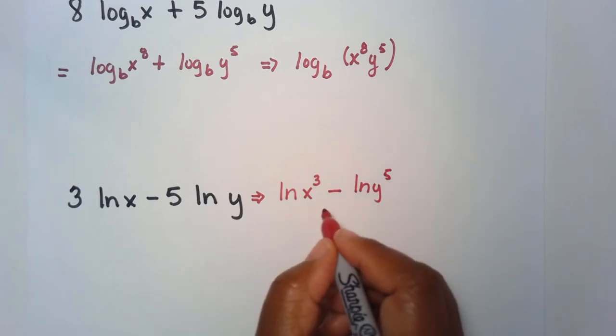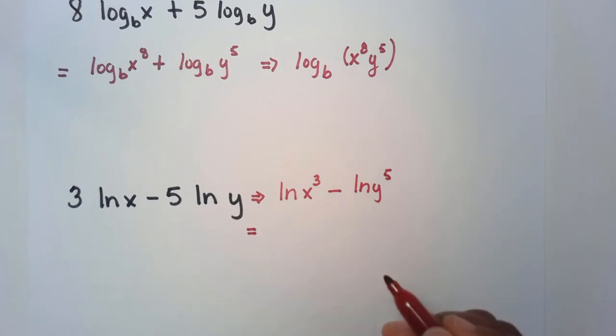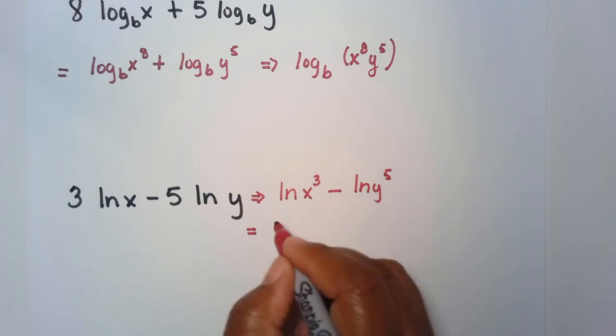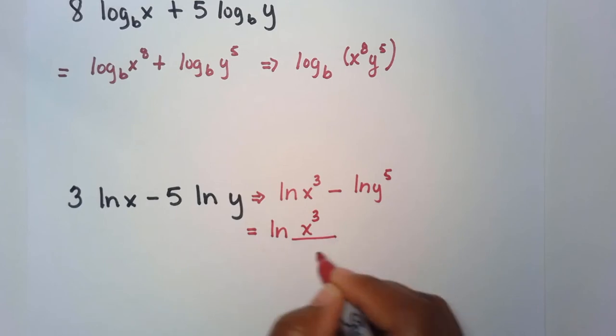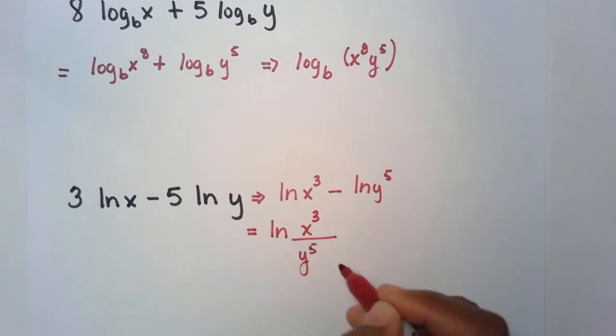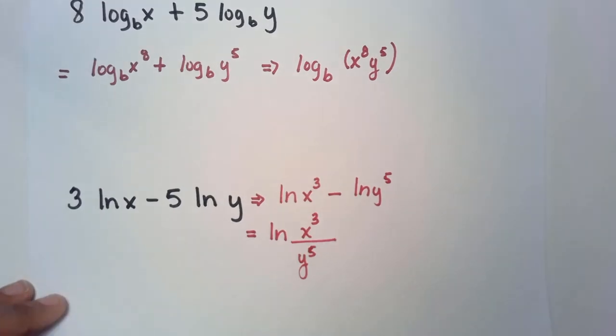Now this time, because it's a subtraction sign, we are going to use the quotient rule. So we will write this as ln of x to the third power over y to the 5th. And this is condensing the logarithmic expressions.